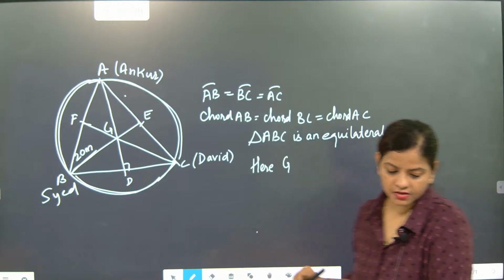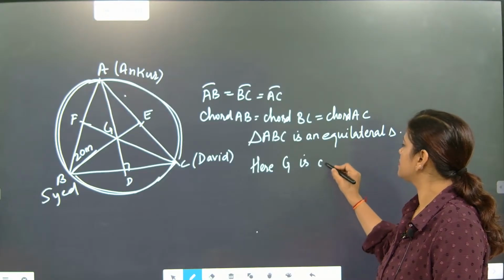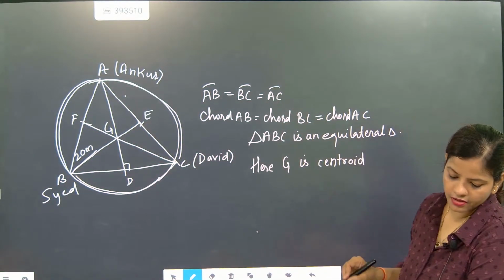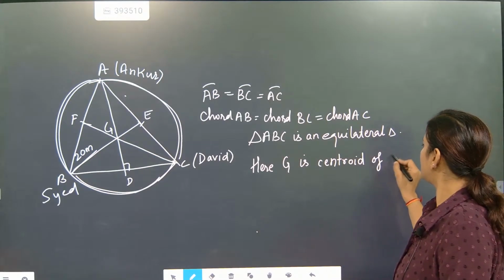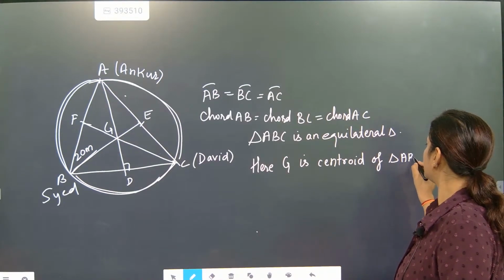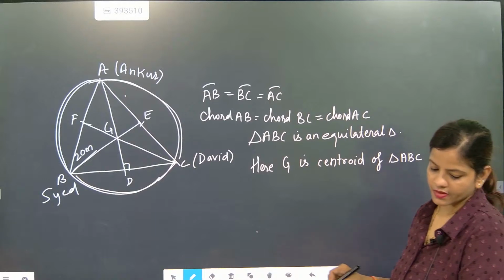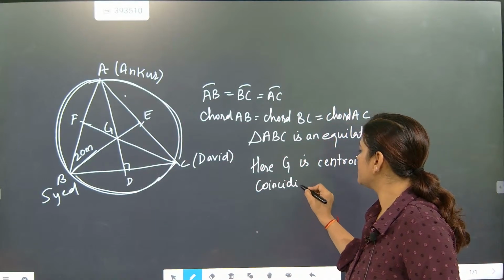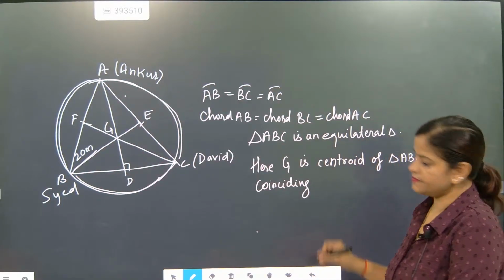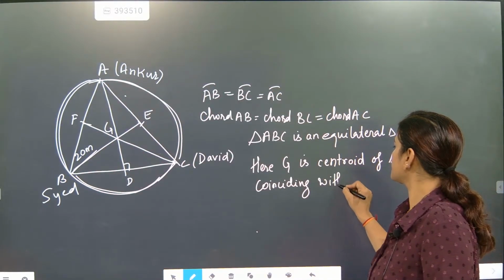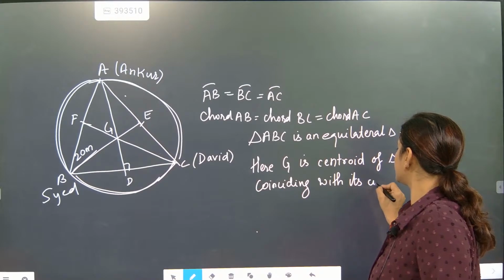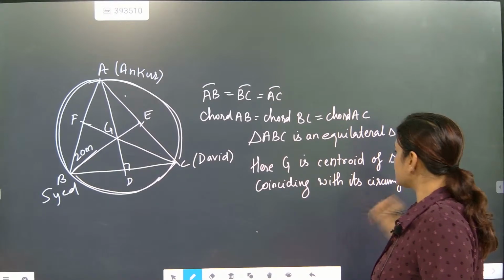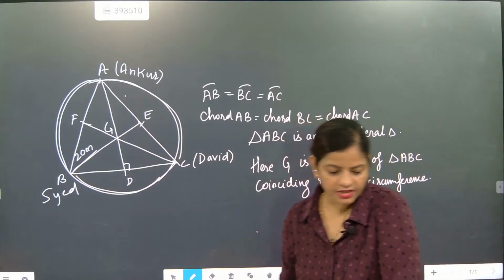Here G is the centroid of triangle ABC, coinciding with its circumference. Okay, coinciding with its circumference.